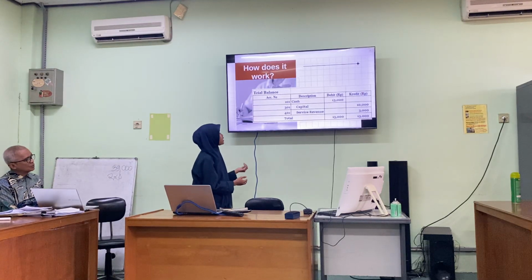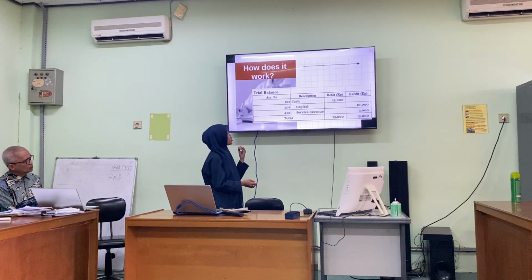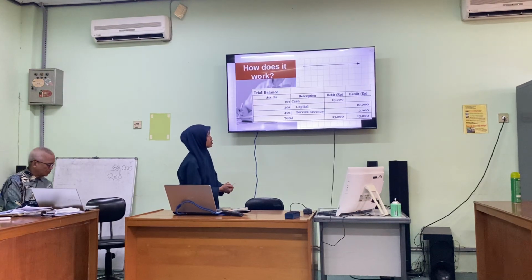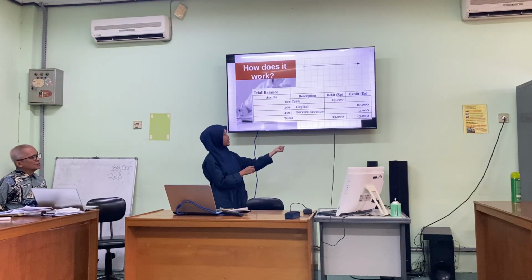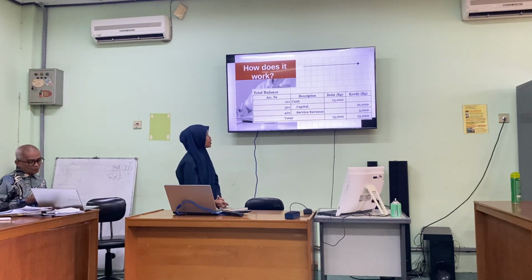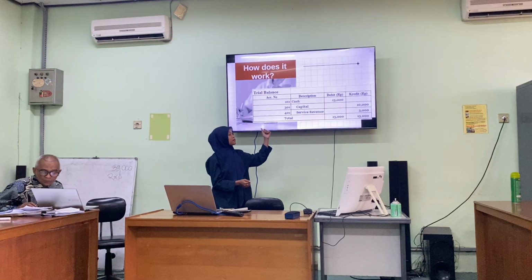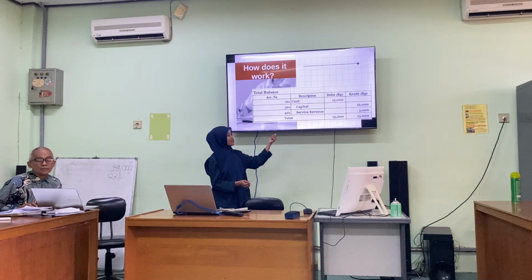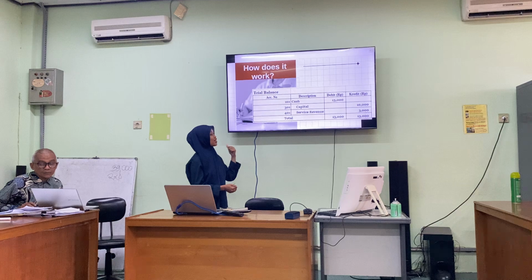The capital, the amount credit is 10,000 rupiah. Service revenue, the amount credit 3,000 rupiah. For a total, the amount debit 13,000 rupiah, and the amount credit is 13,000 rupiah.